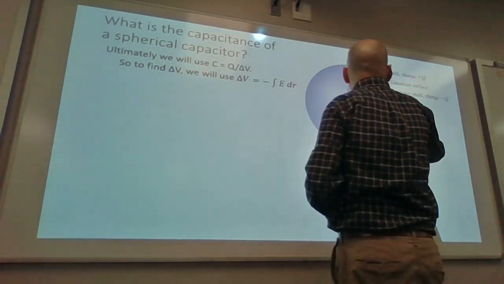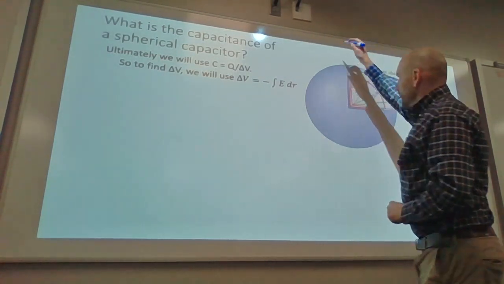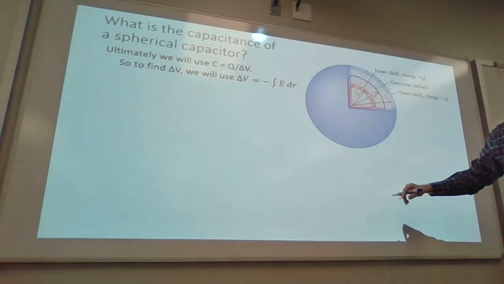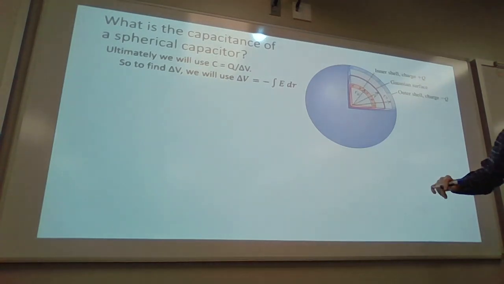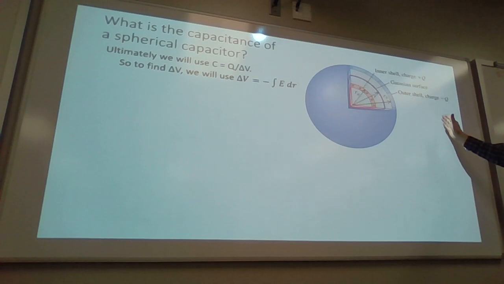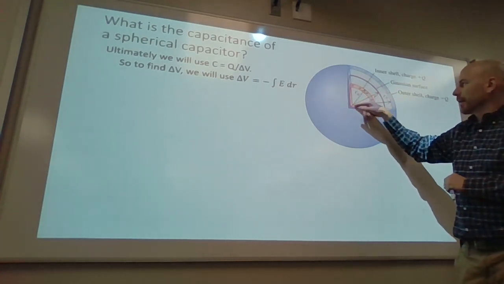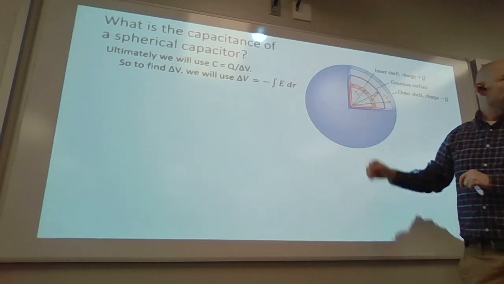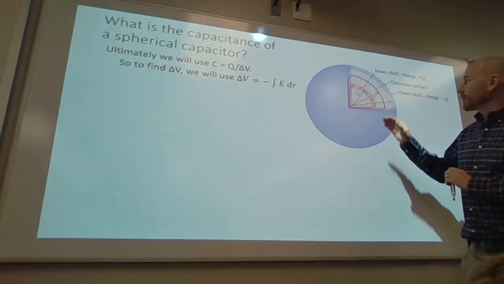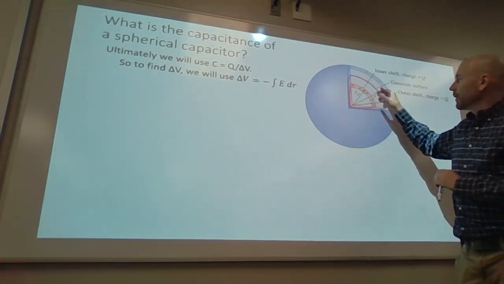And we don't care about stuff outside, because if we did a Gaussian surface outside, the total enclosed charge would be zero. So our electric field outside would be 0. Inside here the electric field is 0 as well, no enclosed charge.